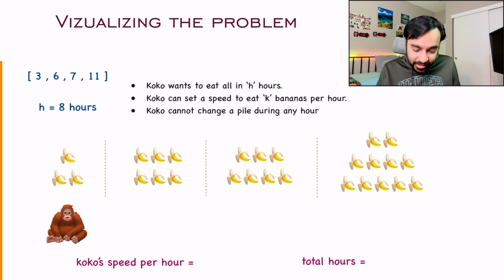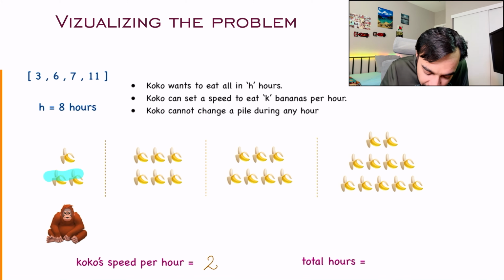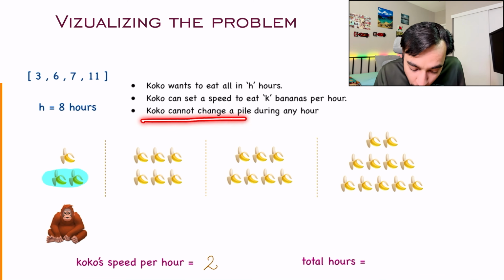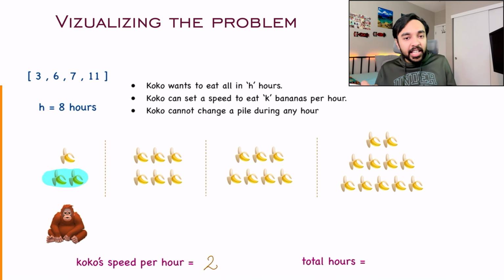Let us say this time Koko is eating at a speed of 2 bananas per hour. Once again, she starts from the first pile. In the first pile, she eats 2 bananas, so she took 1 hour. This pile still has 1 banana remaining. This question has one more condition: Koko cannot change piles during any hour.